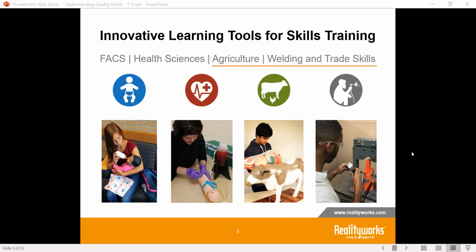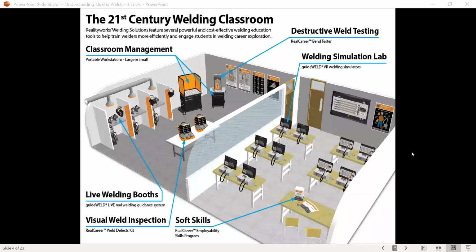So to get started, one of the things that we've developed over the years is what we call the 21st century welding classroom. This is a look at what can help students become better welders in less time and become more proficient in quality welds. Our world really focuses on starting with welding simulation.